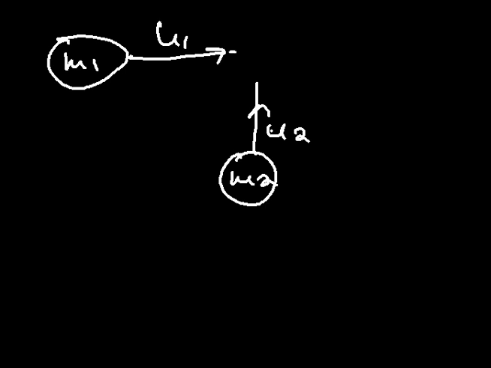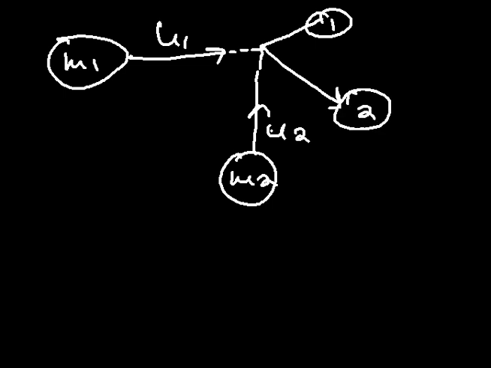Assuming that upon reaching some point here, the objects collided, and the other one goes like this. Let's say this is the object of mass m1 and the object of mass m2 happens to go like this. Let's say this is v1 and this is v2.